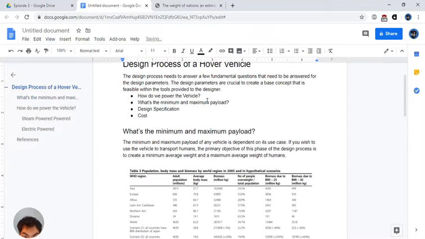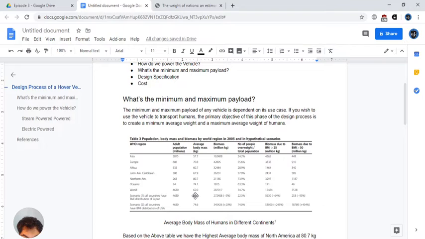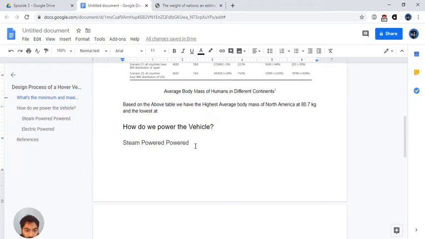If you really look at it, I could go with 58.8 and 74.6, but I want to go with the lowest and the highest, the highest being 80.7 and the lowest being 57.7 kilograms, with a factor of safety of 3.